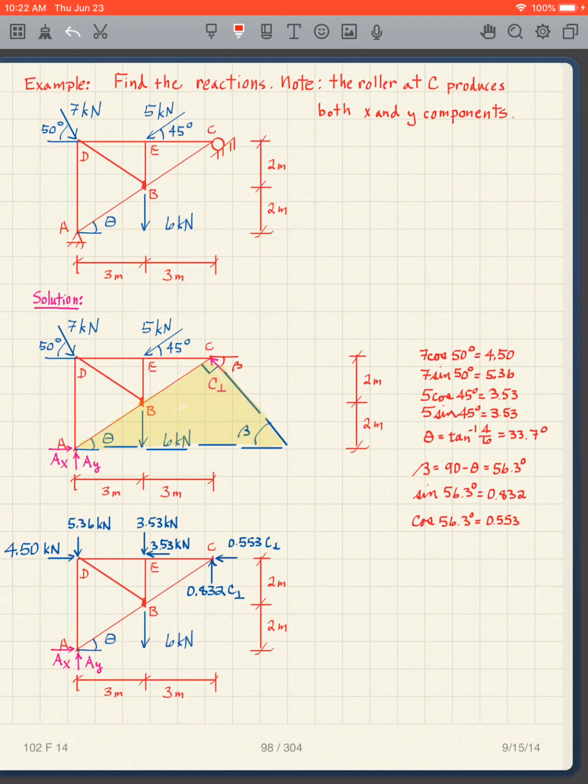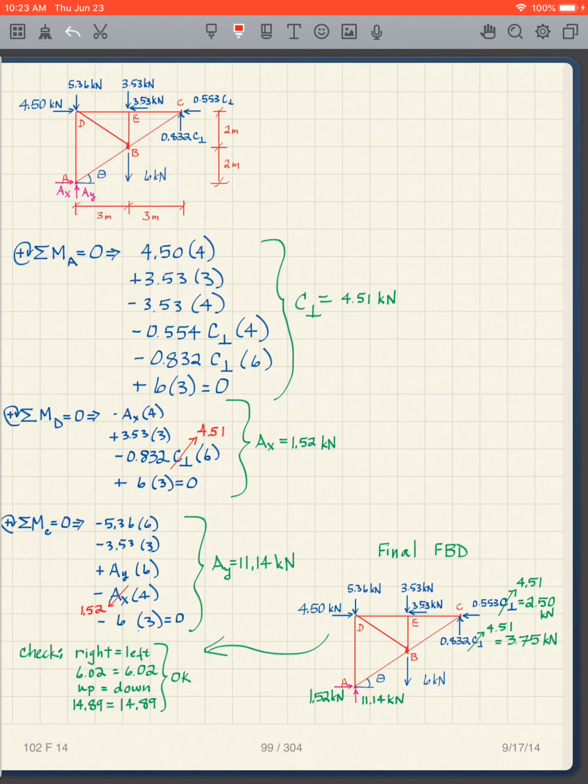We put on our usual AY and AX because that's a pin, and I now can use this free body diagram to solve for my unknowns, the three of them being C perpendicular, AY, and AX, and we use our usual method.